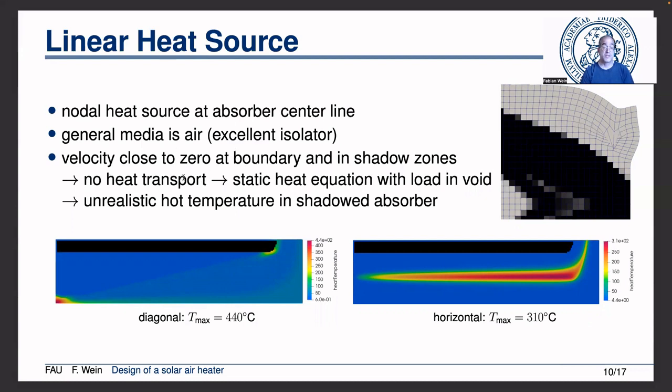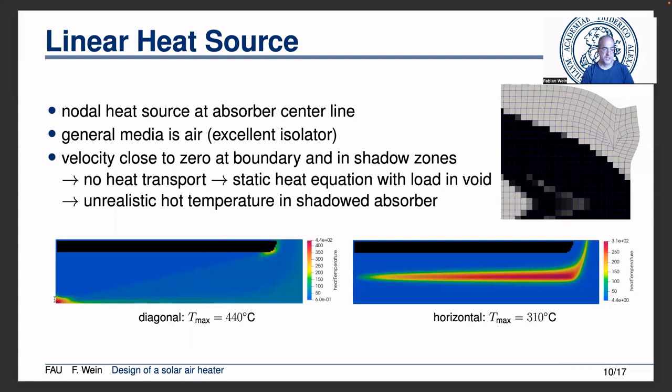That means we have no heat transport. In the end, in the limit, that means we would have something like a static heat equation, but with a load in the void. The load is in watt, but this can result in very high temperatures. This is similar to what we can observe in density-based elasticity topology optimization when we have a force displacement in the void. It's simply over-exaggerated.